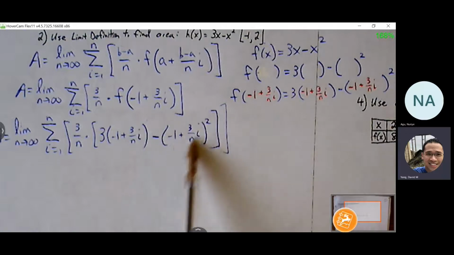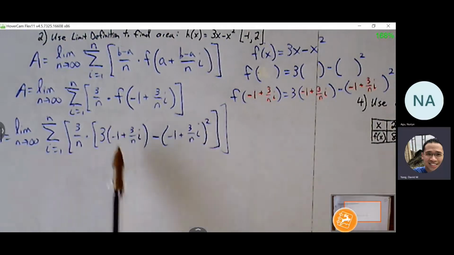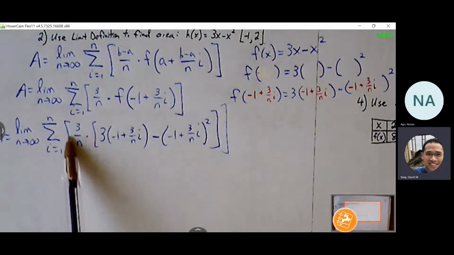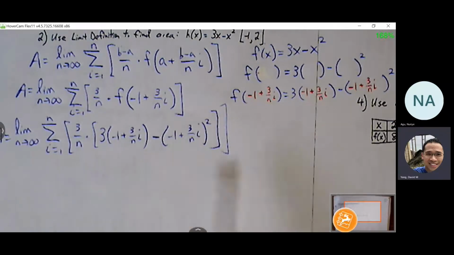So we're going to FOIL this out, distribute this through, combine like terms, get all this cleaned up, and then we have to also multiply everything through by 3 over n. But first things first, I'm going to get this FOILed out first.